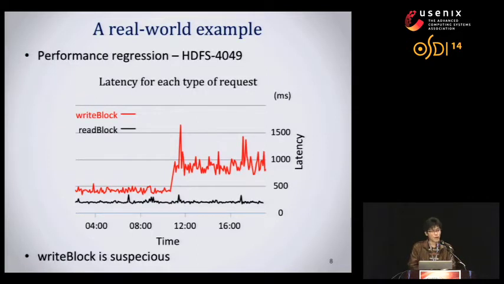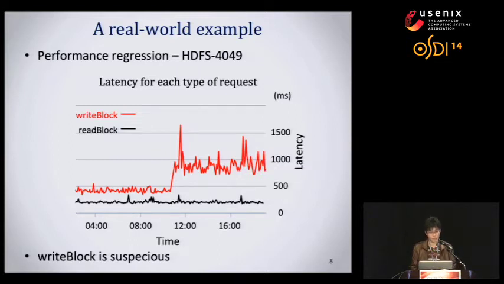This real-world example is a performance regression of HDFS, which is the Hadoop distributed file system. The user suspects there is some performance degradation after the HDFS update, but without any tools, he doesn't know what the problem is. And with Iprof, the user can get the latency for different types of requests in the system.